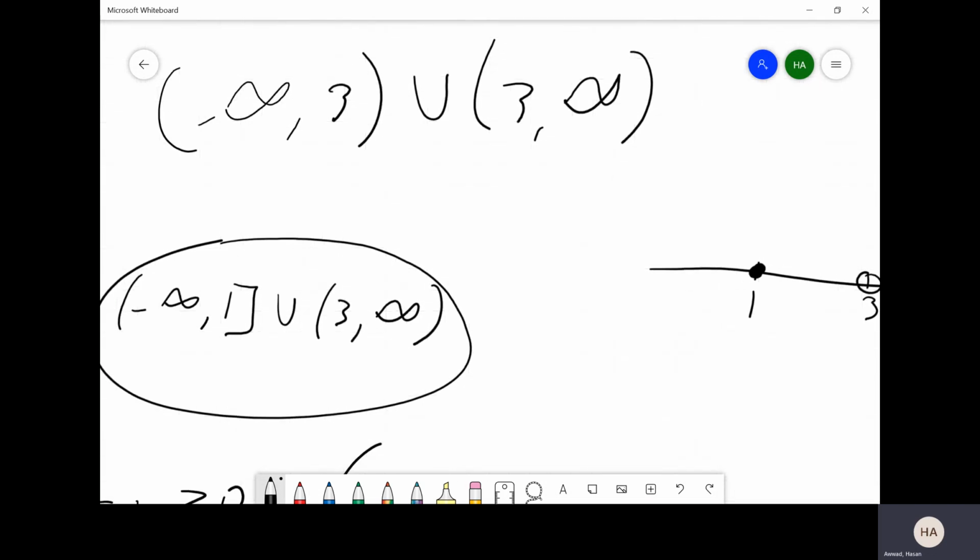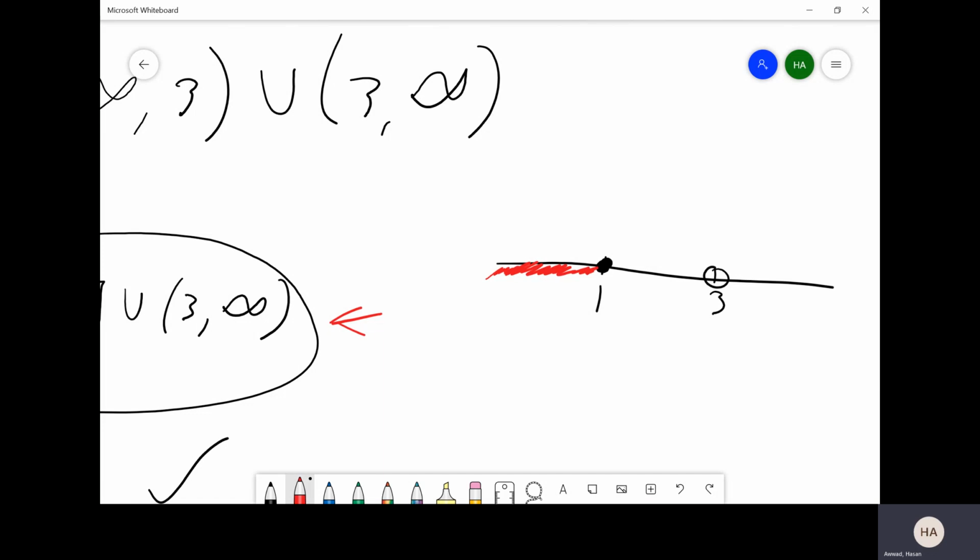Let's draw the circled one first, which I'm going to denote in red. Drawing the circled domain, this is all the negative numbers up until we hit positive 1, all these guys right up there, and then from 3 to infinity, so all these guys over here.